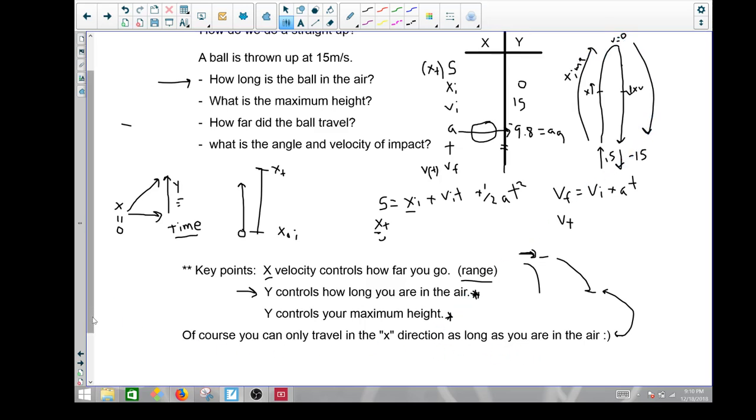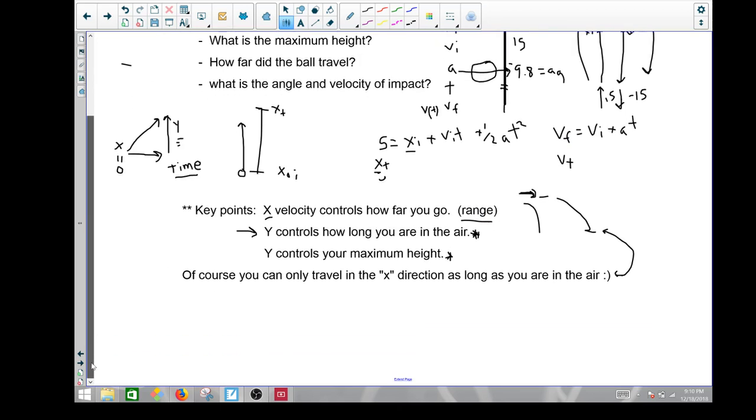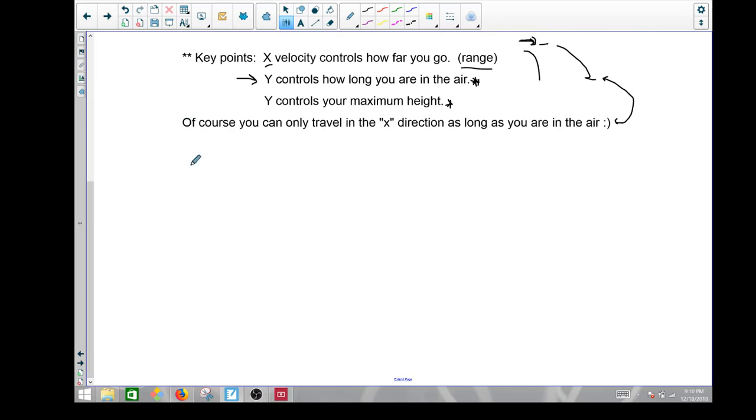Now, in this problem, this might be review, so let's work through this again. Extend the page here a little bit. All right, what do I know about this? Well, I know that I'm starting up at 15 meters per second. I'm going to give myself my table again here. I'm in the y direction, so acceleration is negative 9.8.